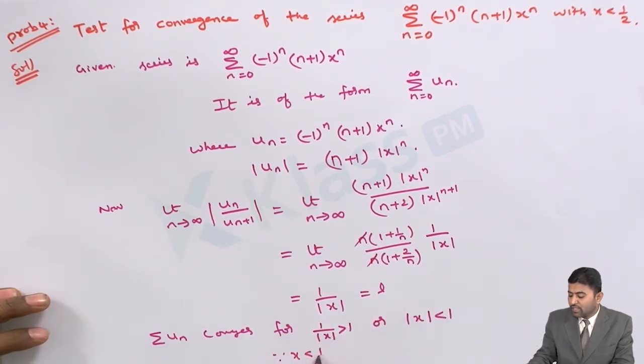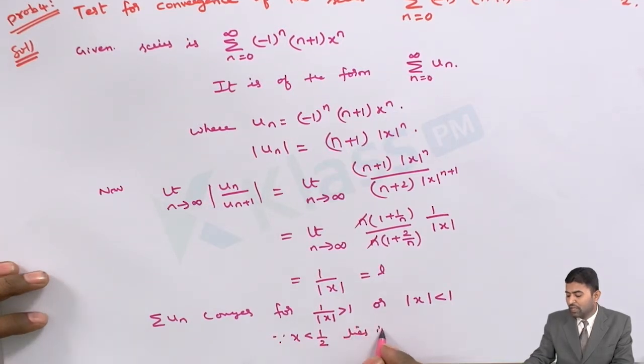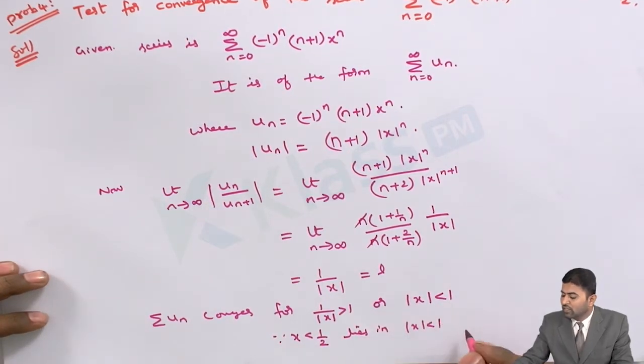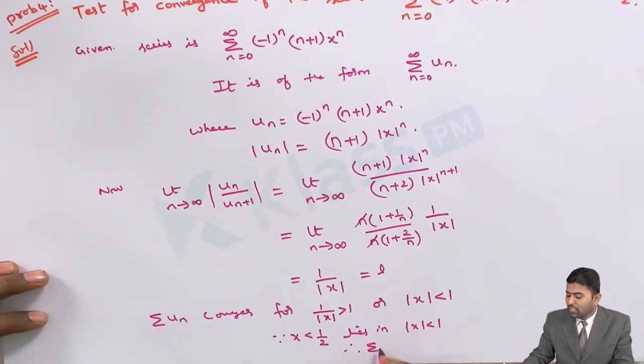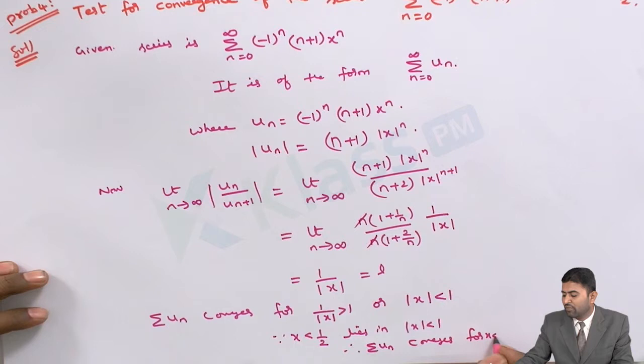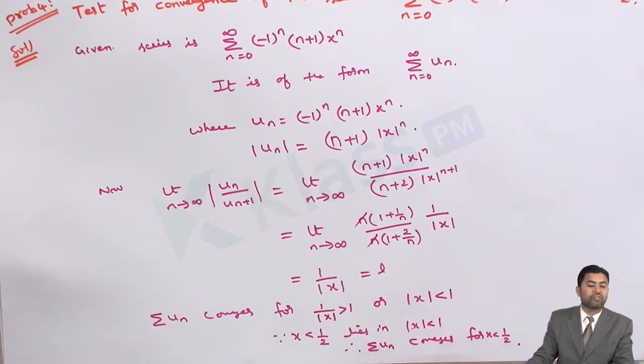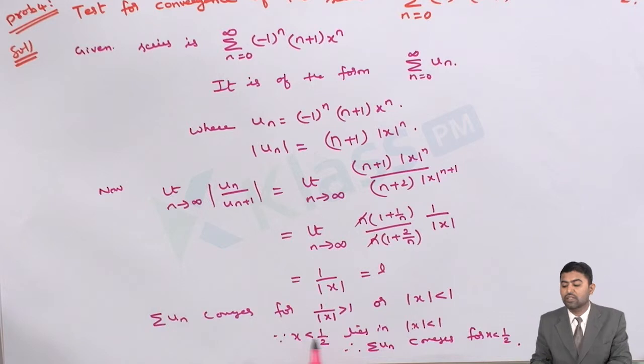Since x is less than half, it lies in mod x less than 1. Here mod x less than 1 means minus 1 less than x less than 1. So plus half falls in that. Therefore, because of that condition, we can say that this series converges for x less than half.